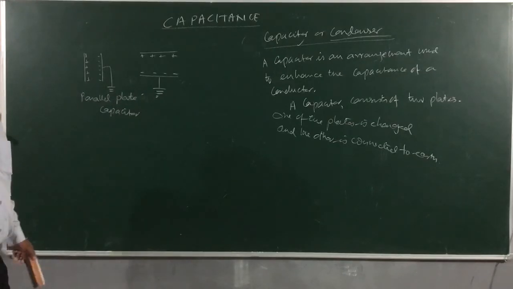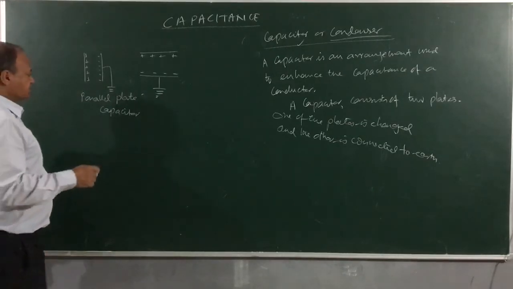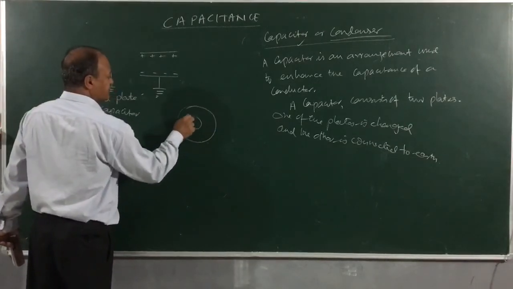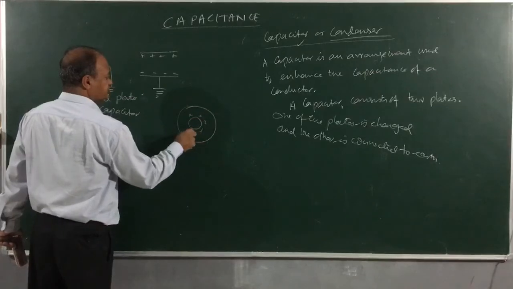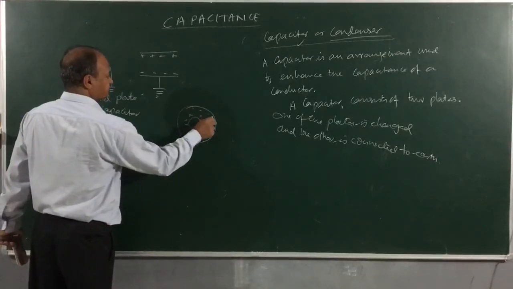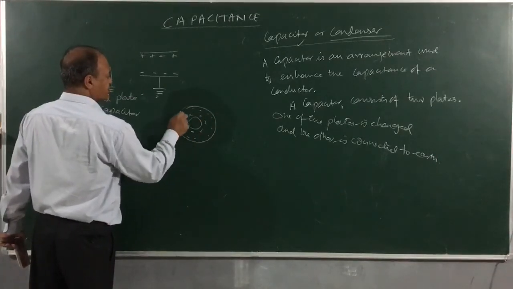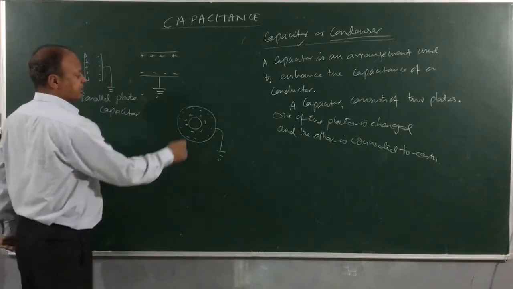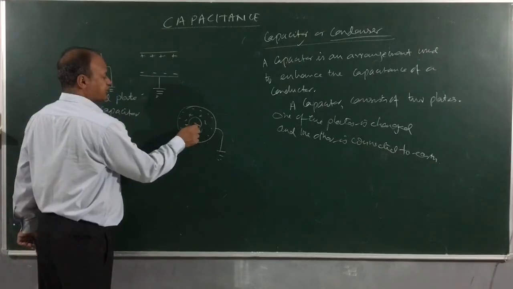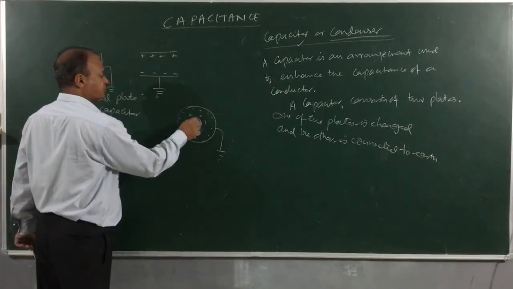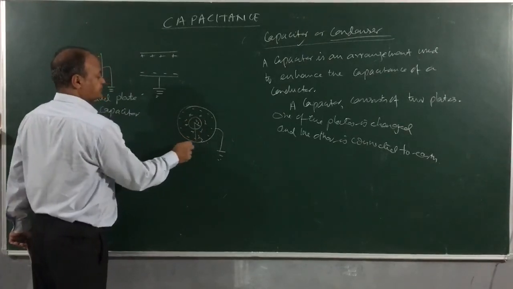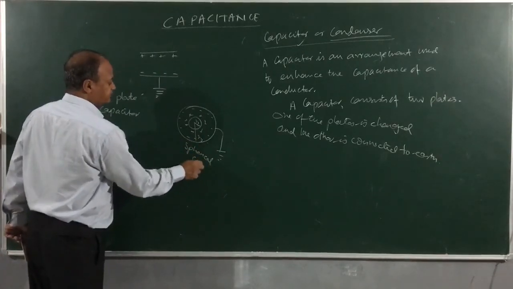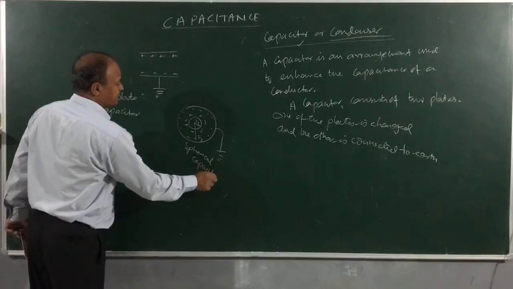Now I can make spherical capacitors. I have one sphere here. Suppose I am charging the inner one, and the outer one is connected to earth, so it becomes spherical capacitor. The radii are, suppose this is R1, this is R2. This is spherical capacitor.